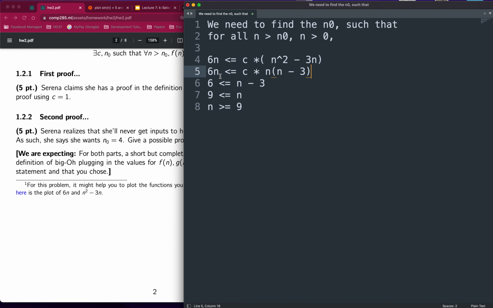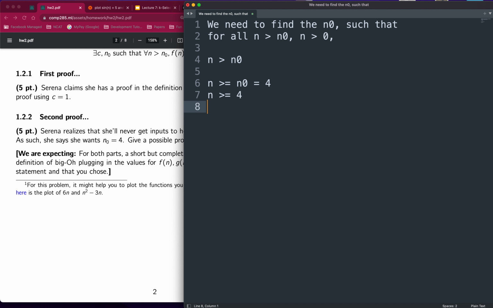So again, if we try to simplify, because essentially we want to solve for c, you can actually imagine working backwards here. So you know that n is bigger than n0. That's given. That means that n is bigger than or equal to n0, which is equal to 4. So that means that n is bigger than or equal to 4.